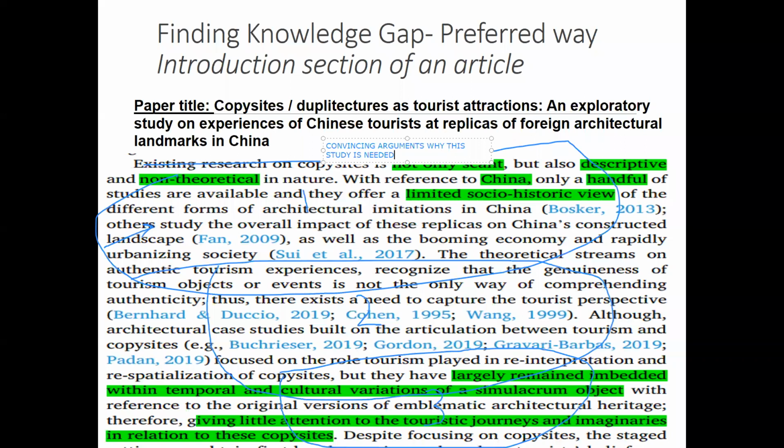Remember that you are creating new knowledge, and when you are creating new knowledge, you need to give convincing arguments. You cannot expect people to appreciate your effort if your arguments are not convincing. So this is very, very important for you to understand. These three questions you need to justify in the introduction section of your research project.